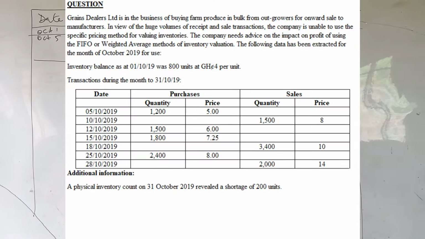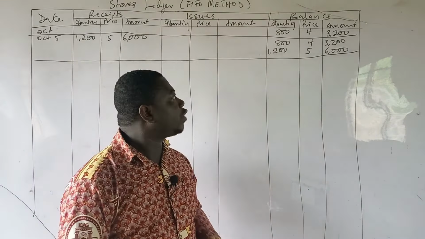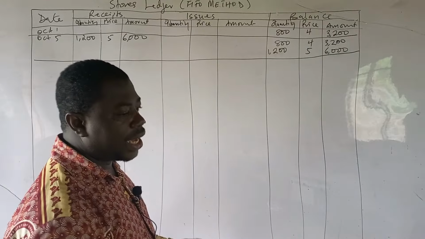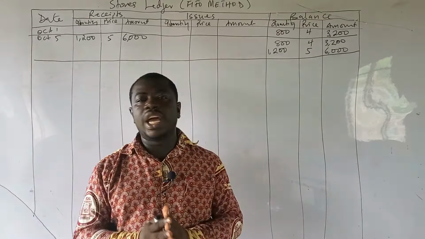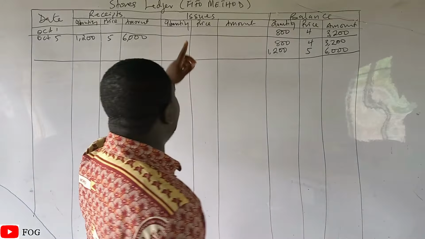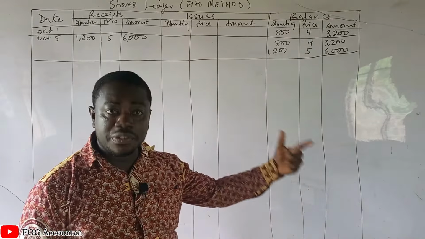And then the next date is on the 10th. On the 10th, there was a sale of 1,500 at 8 cedis. And this is where I want you to pay attention very well. Now, mind you, we are doing the FIFO method, and the meaning of the FIFO method is that the first that comes in should go out first.